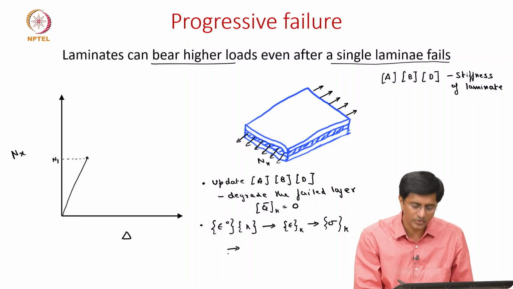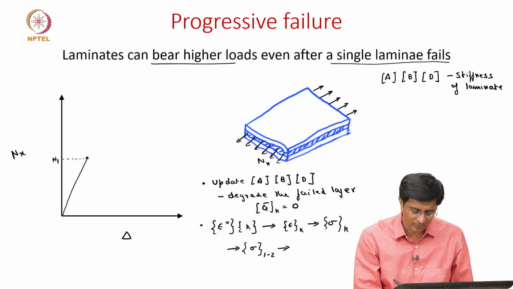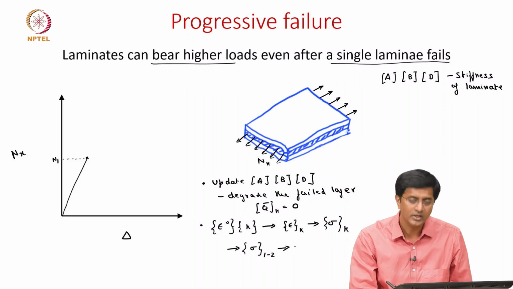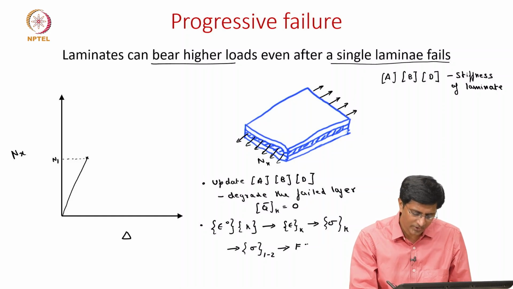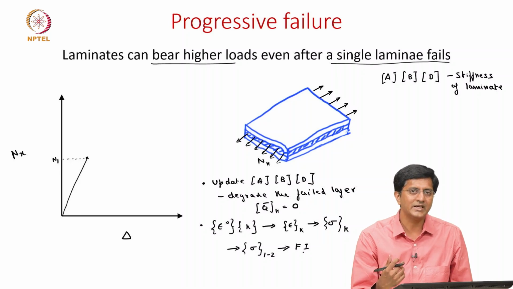Once we know the stresses in the body coordinates, we should be able to find the stresses in the material coordinates 1 2, and then apply the failure criterion of your choice depending on the material used, and find the failure index in each layer. That should give us an idea about at what load the second layer will fail.